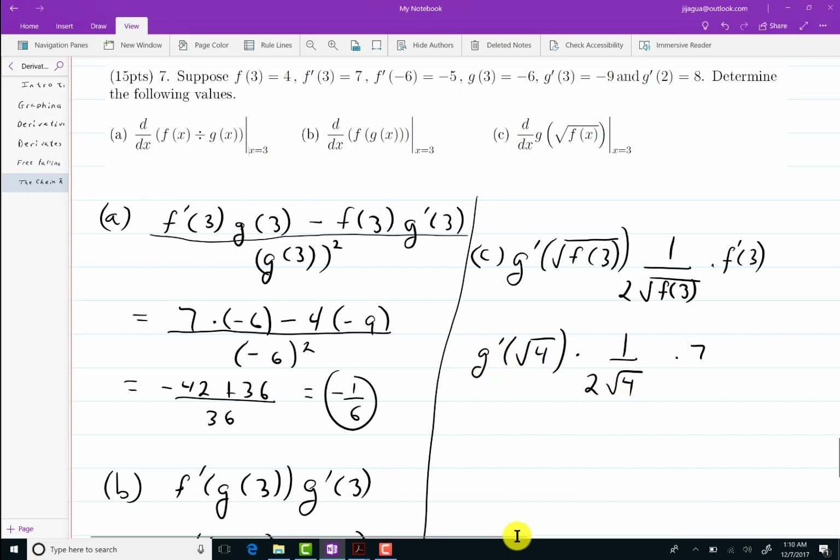And so now g prime of 2 is 8. The fact that it's there gives me a lot of confidence that I'm doing this right. We have 8 times 1 over 2 radical 4. Get caught up in the moment. Take out this and this, I'll end up with 14.